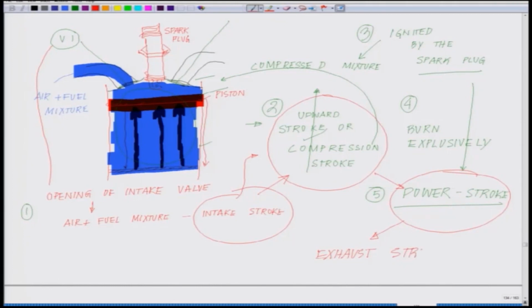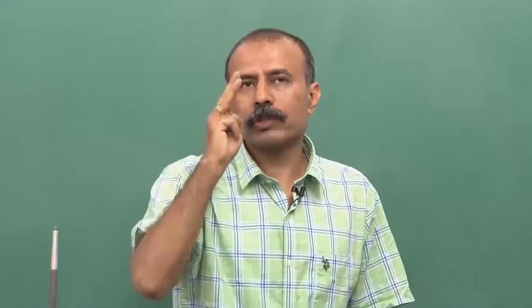As of now we only talked about the port from where the air and fuel mixture entered, but there is another one out here which takes out the exhaust. Burned gas comes out through this, and this valve opens and throws it away. So this is the exhaust stroke, the fourth stroke. What you see is that 4 motions happen.